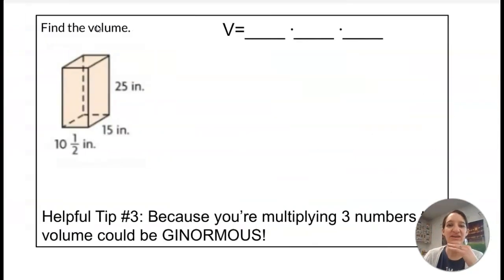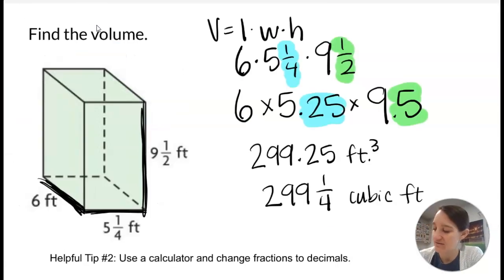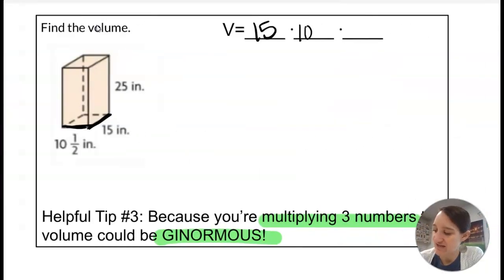Okay, so here's another tip for you. Because you're multiplying 3 numbers together, don't be alarmed if your number ends up being ginormous. Because when you multiply, it multiplies, right? It gets a lot bigger. So for this, we have a length times a width, which is 10.5 times a height.